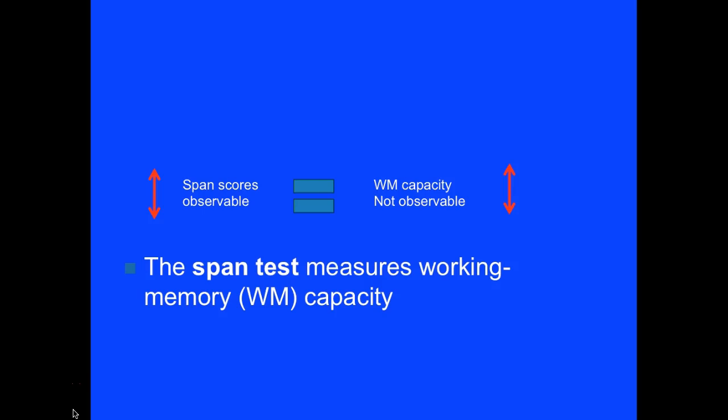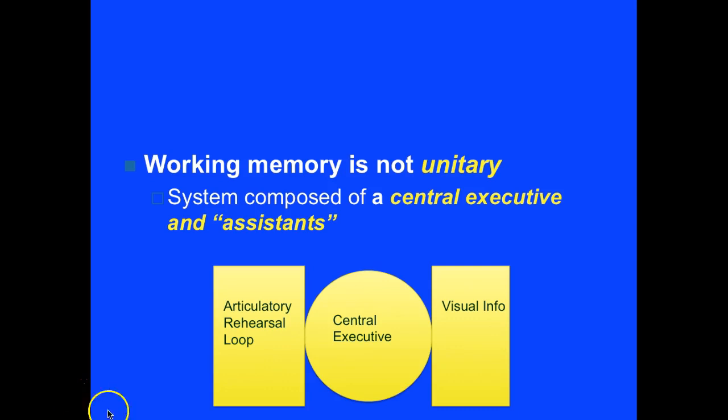It turns out that your ability to use working memory correlates in pretty interesting ways with overall cognitive capacity. So intelligence tests actually include tests of working memory. Now, this is real important.